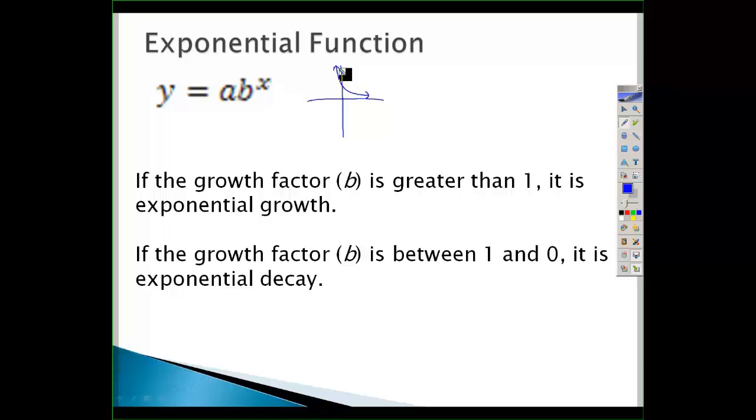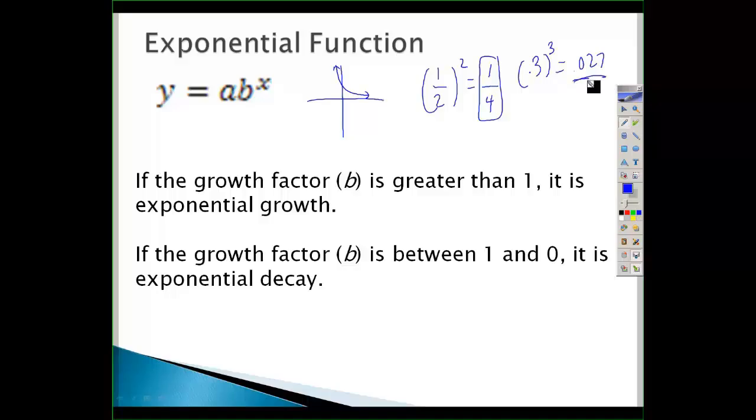The reason the growth factor has to be in between 0 and 1 is because it's a fraction, and when you take a fraction to a power, 1/2 squared, that's 1 squared over 2 squared, 1/4. As you can see, 1/4 is less than 1/2. And if I had a growth factor of 0.3, and I was plugging in 3, that would equal 0.027.